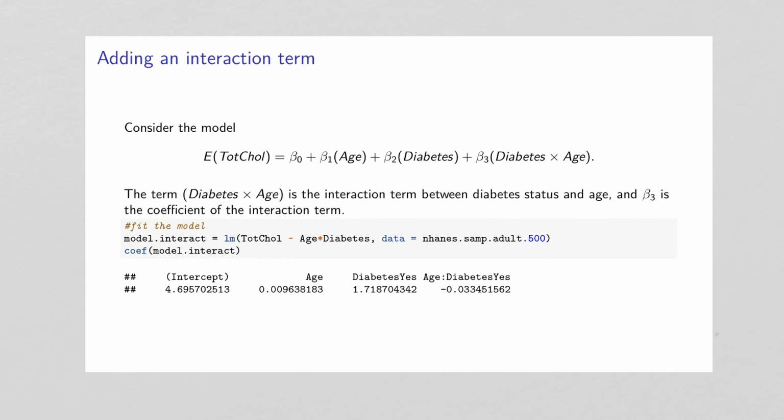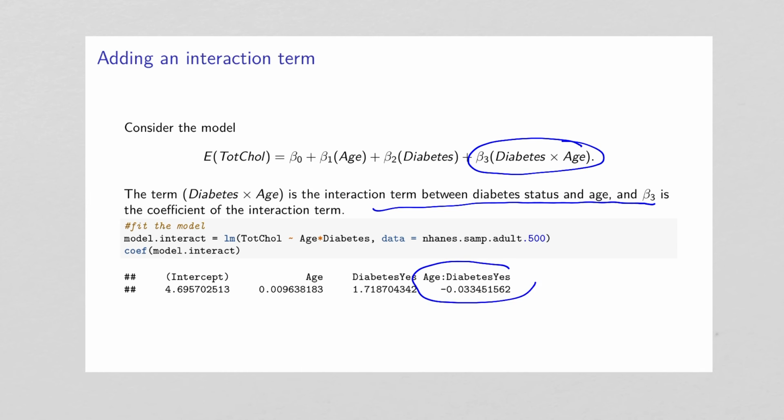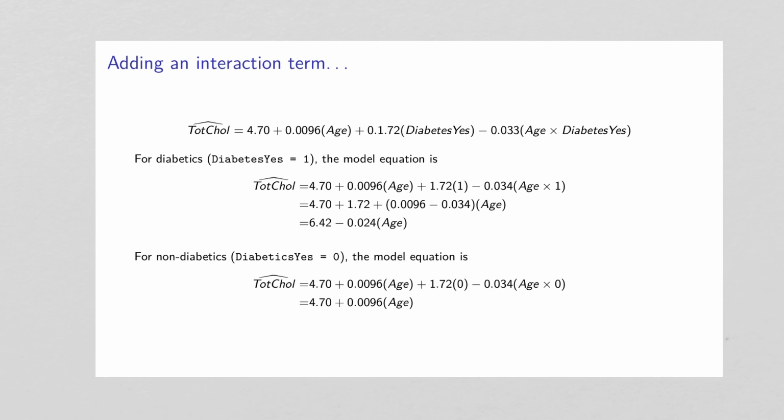So we have an interaction term for the interaction between diabetes and age. It's the interaction term between diabetes status and age, and beta 3 is the coefficient of that interaction. So that coefficient is right here. So if x1 and x2 are both 0, then 0 times 0 will also make this 0.